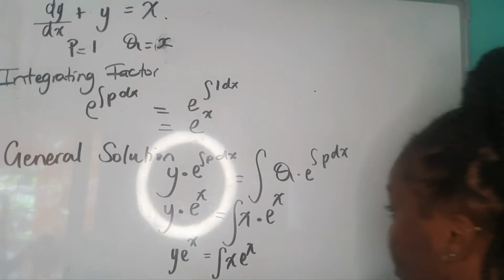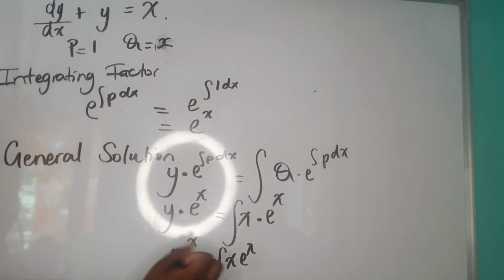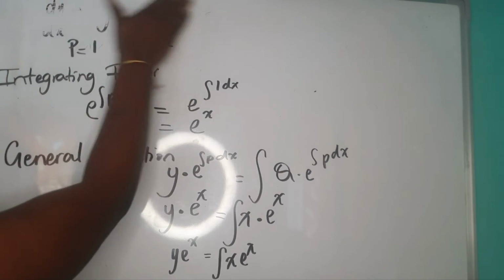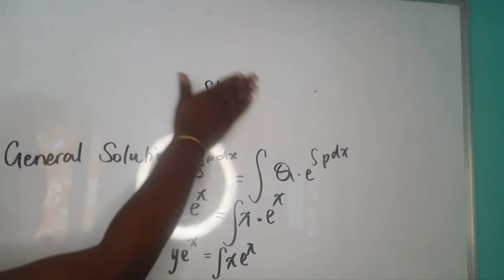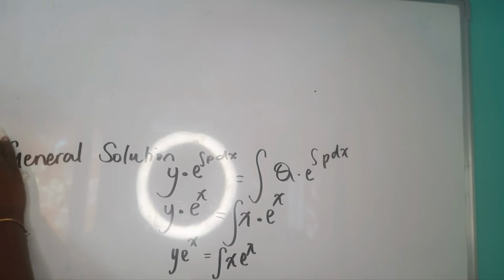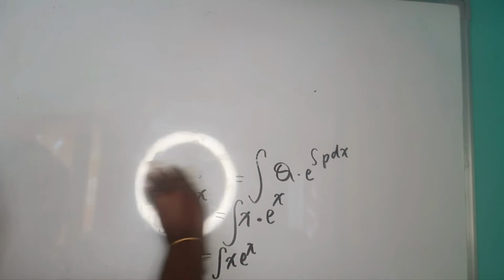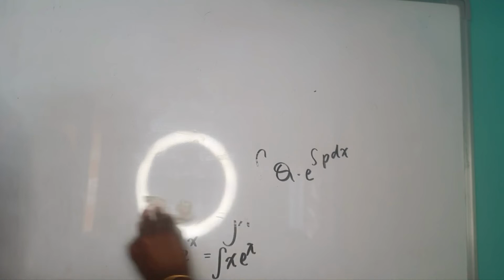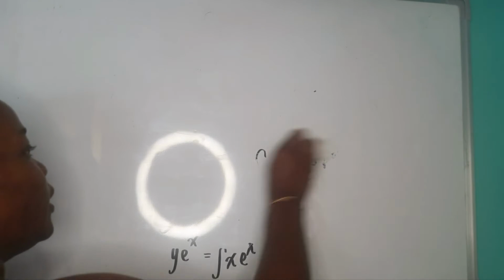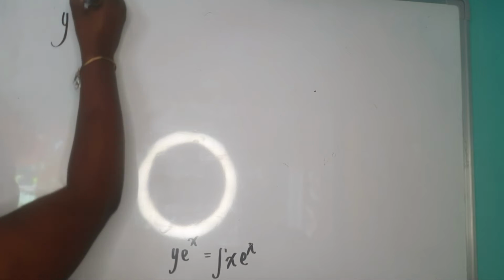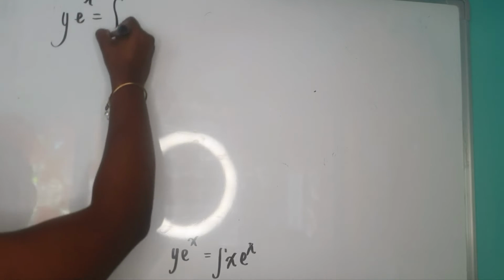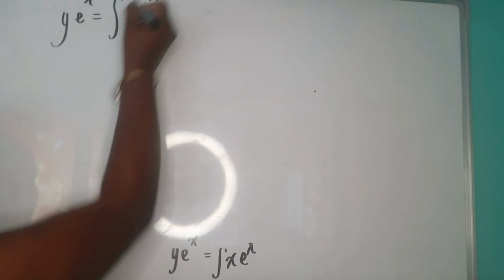Looking at this, we have an integral sign and a function that we need to solve. It doesn't end there. We're going to find the integral of whatever we have after the integral sign, and we're going to make y the subject of it. So we have y e to the x equals the integral of x e to the x.